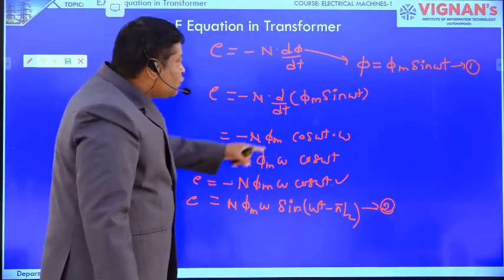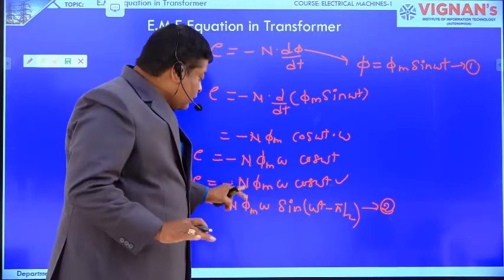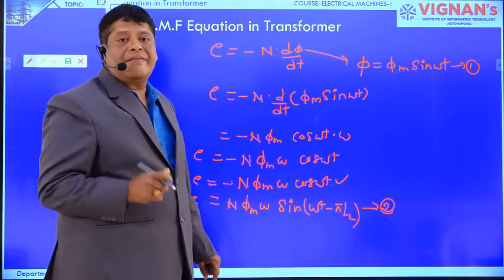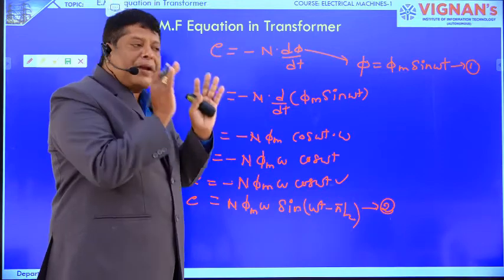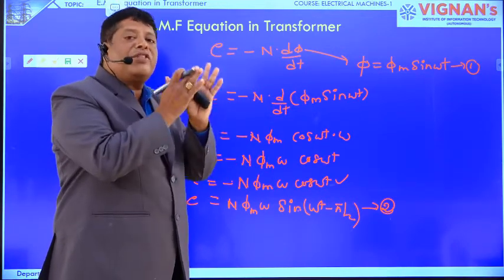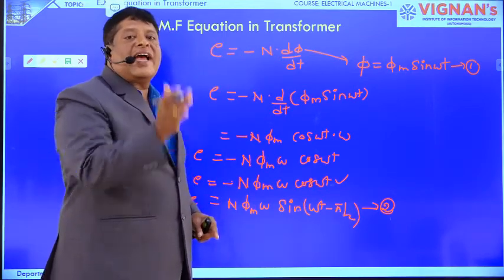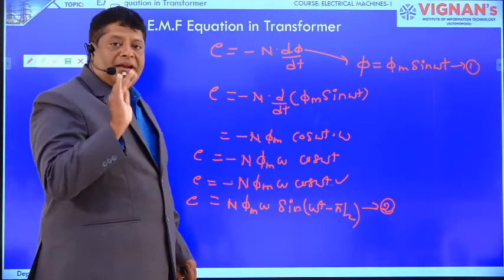Both are sinusoidal quantities, but the voltage lags the flux by 90 degrees. That we have to keep in mind. The angle between the flux and the induced voltage is always 90 degrees.